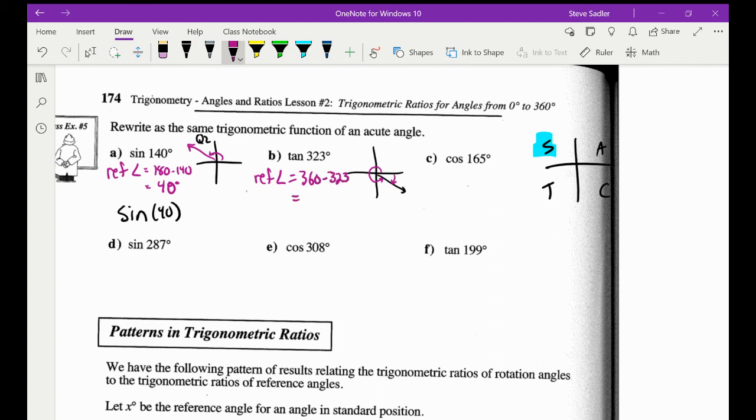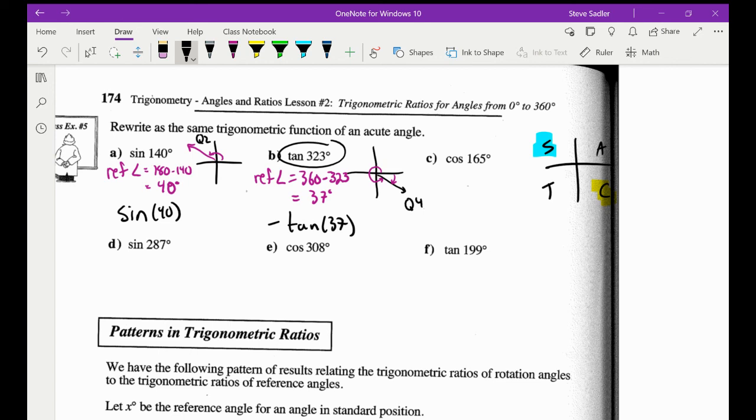So that gives us a reference angle of 37 degrees. So we can rewrite this as tan of 37, but you can see that in quadrant 4, Q4, only cosine is positive. So this needs to be negative tan 37 if you want to use that.